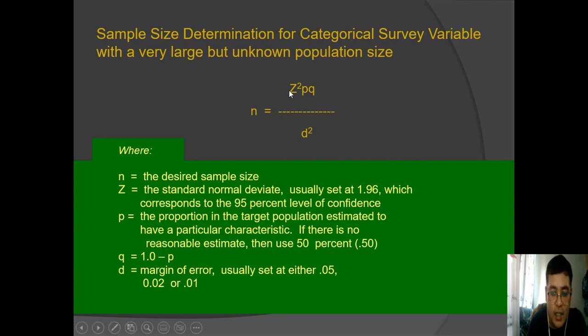So, 1.96 usually yan. And p is the proportion in the target population estimated to have a particular characteristic. So, if there's no reasonable estimate, then use 50%, usually 0.5. And q is 1.0 minus p. And d is the margin of error, usually set at either 0.05, 0.02, or 0.01.